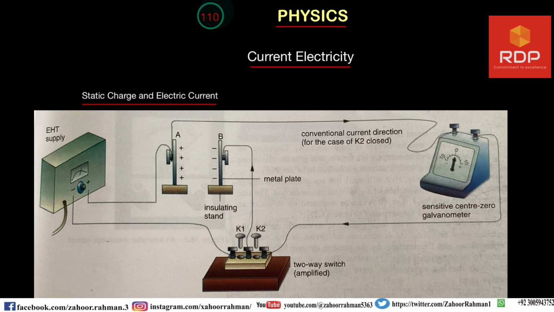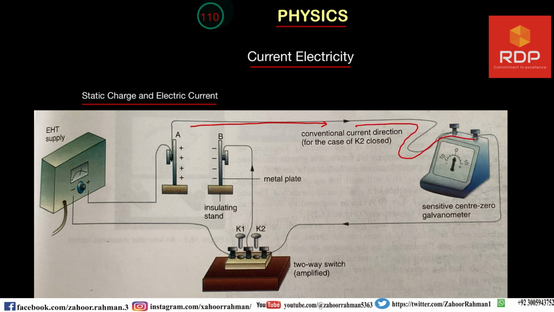This explains why there is only a transient or brief current detected by the galvanometer, due to the discharge of the two metal plates. When this current is going in this way, this is not conventional current, as I told you at the beginning.